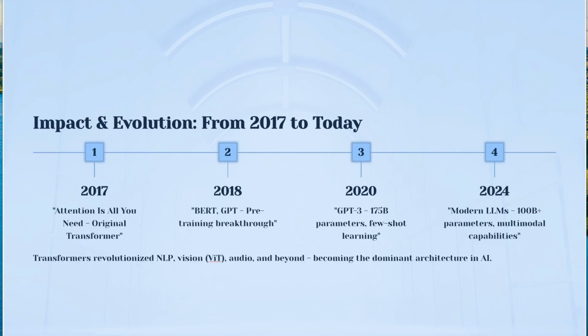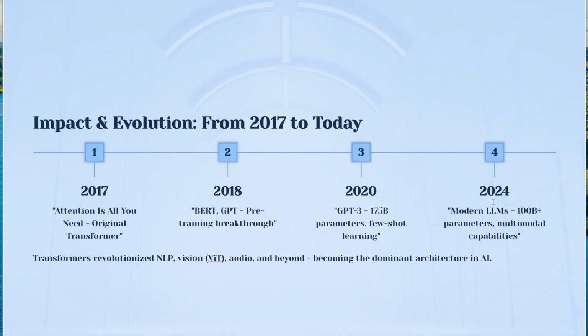And in 2020 is when GPT-3 and few shot learning came about. GPT-3, with many billions of parameters, demonstrated that models could perform few shot and zero shot, simply by conditioning on prompts. This is the moment when transformers transitioned from research systems to general purpose reasoning engines.